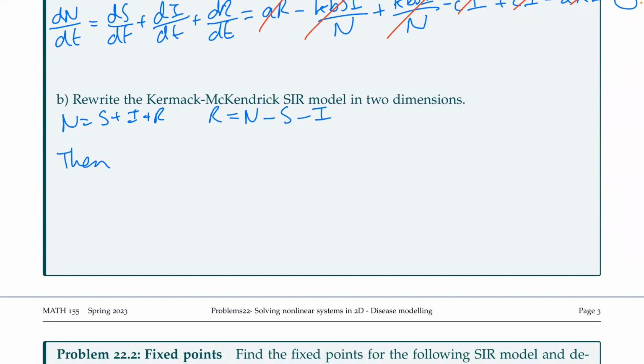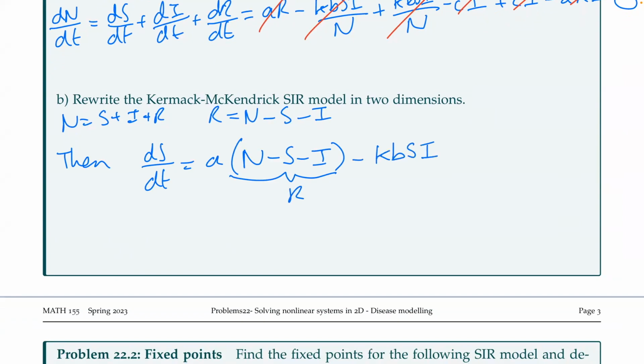That means we can rewrite our system now as dS/dt equal to, where we had aR before, we just substitute in N minus S minus I, since that was our R. We had an infection term, kβSI over N, that doesn't change.